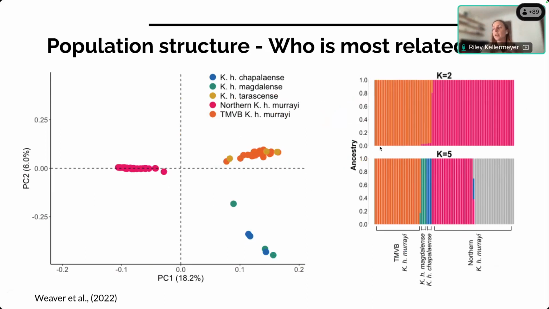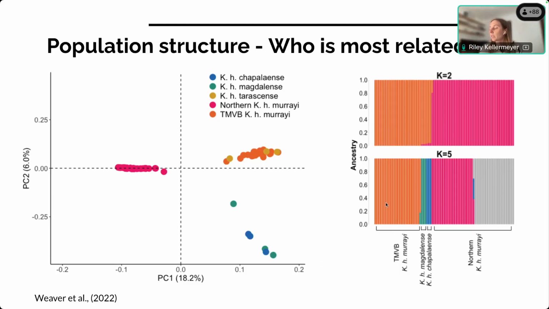And our model is attempting to assign that individual to one of, up here, 2 ancestors or one of 5 ancestors. And when we do that, you have your southern Trans-Mexican Volcanic Belt murrayi that cluster with, or share an ancestor with, the other subspecies, whereas the northern populations don't and have their own separate ancestral population.